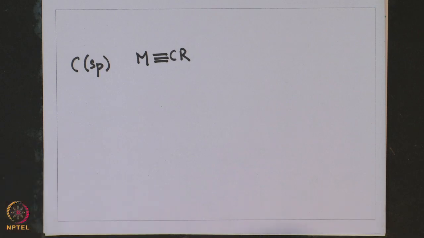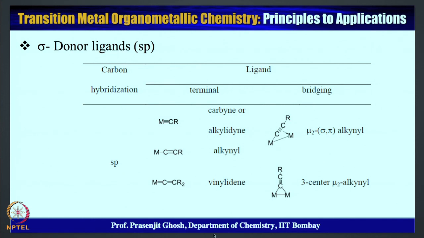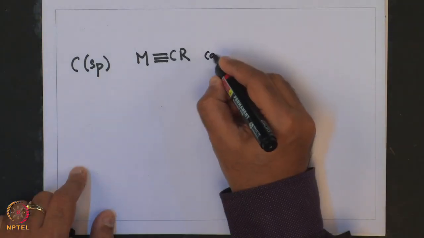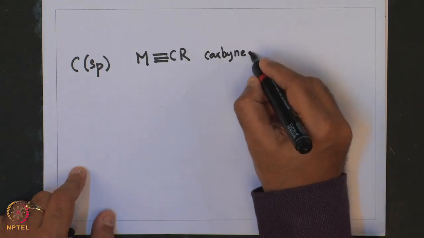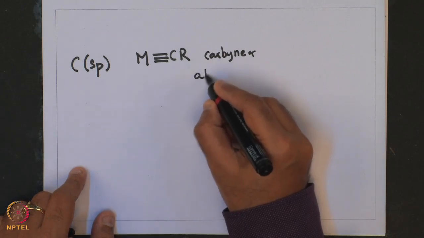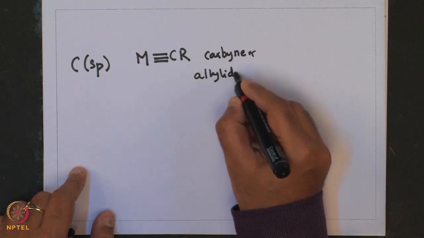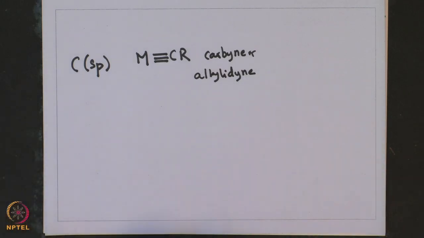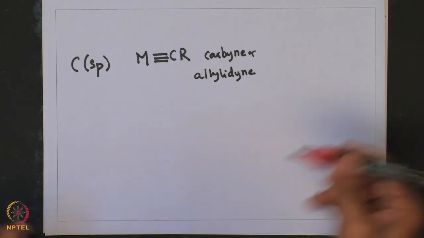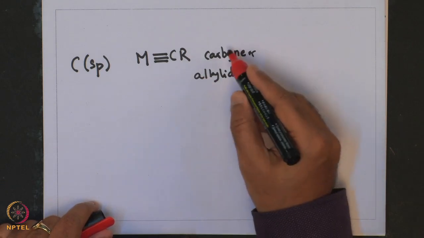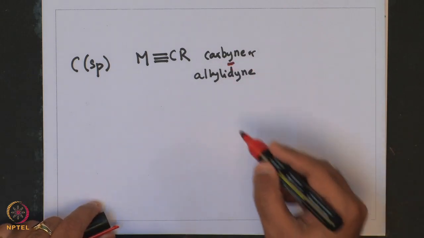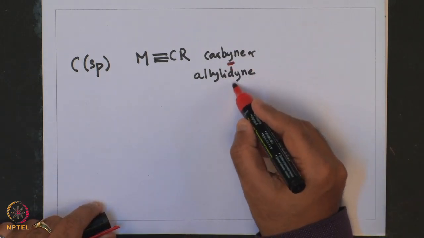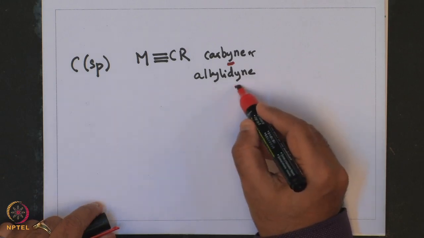These are very interesting compounds and are called carbynes or alkylidynes. Unlike with CR2, where it had been carbene, in carbyne the ene is replaced with yne and alkylidene is replaced with alkylidyne.